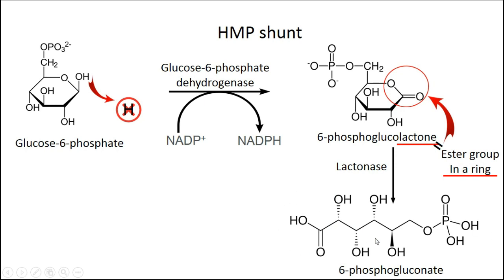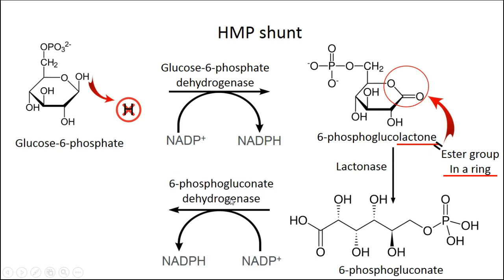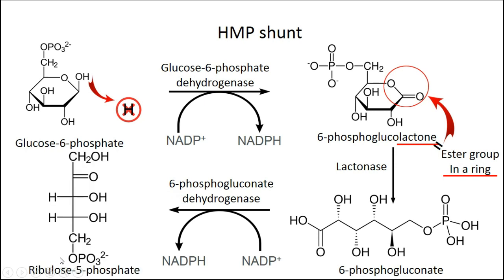So after we got 6-phosphogluconate, now we're going to do the same thing that we did in the first reaction. We are going to get rid of one hydrogen atom, so the enzyme is called 6-phosphogluconate dehydrogenase because we are getting rid of hydrogen atom, and this hydrogen atom is going to be carried by NADP plus, and now it's turned into NADPH. And the product here is ribulose, not ribose, ribulose 5-phosphate.